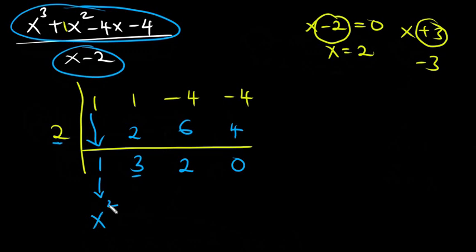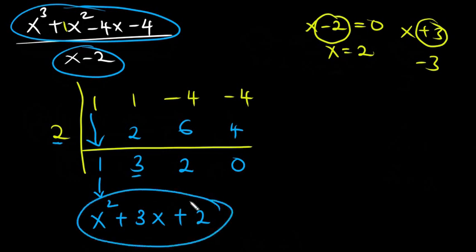Then 3 is the coefficient of x, so we have 3x, and then 2 is the coefficient of x to power 0, which is 1, so we just write it the way it is. This is our answer. When you divide this polynomial by x minus 2, we get x squared plus 3x plus 2.